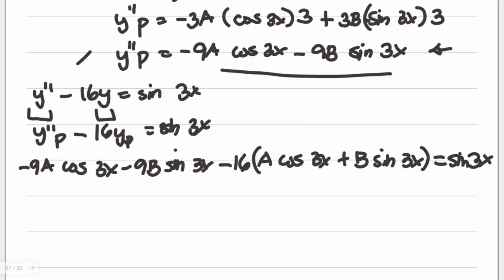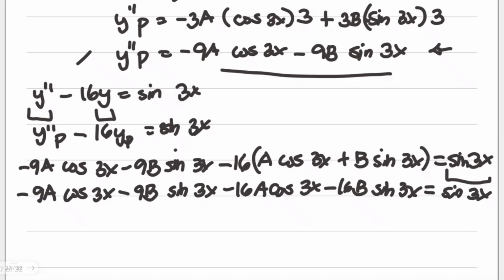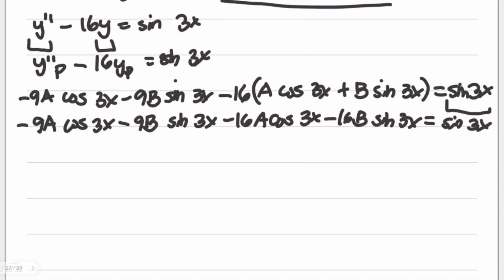Take note that our right hand side is just sine, so we need to group all trigonometric functions on our left hand side together with all the cosines and sines. So we'll have here minus 9a cosine of 3x minus 9b sine of 3x. This will become minus 16a cosine of 3x, then minus 16b sine of 3x equal to sine of 3x. So let's group them all. Let's start with the cosines and factoring cosine 3x.